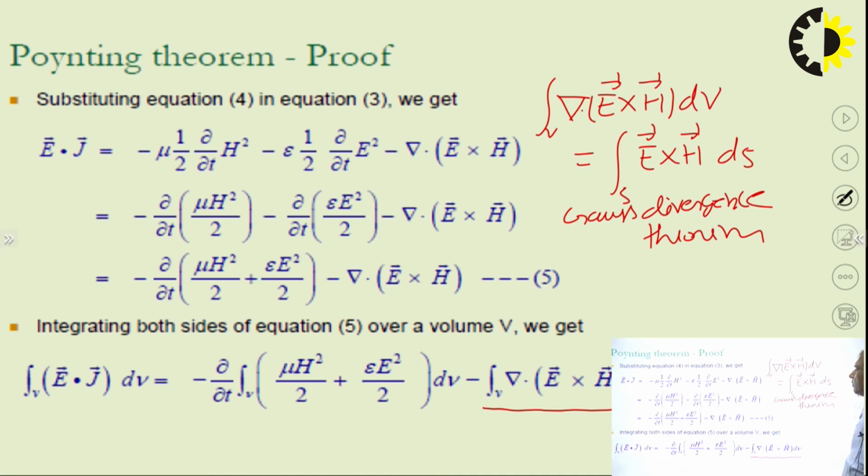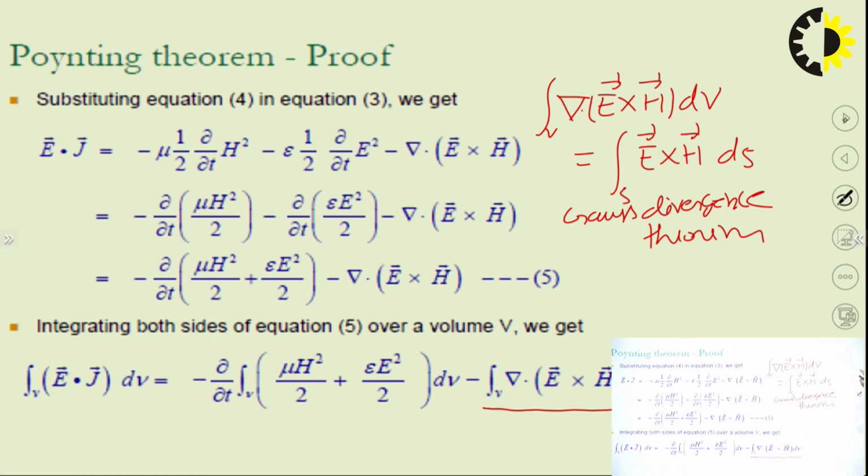Now integrating this equation number 5 with respect to volume from both sides, we will get volume integration E dot J dV is equal to minus d over dt volume integration mu H square by 2 plus epsilon E square by 2 dV minus volume integration divergence of E cross H dV. Now this final term, divergence of E cross H, we have to change this term from volume integration into surface integration by using the Gauss divergence theorem.